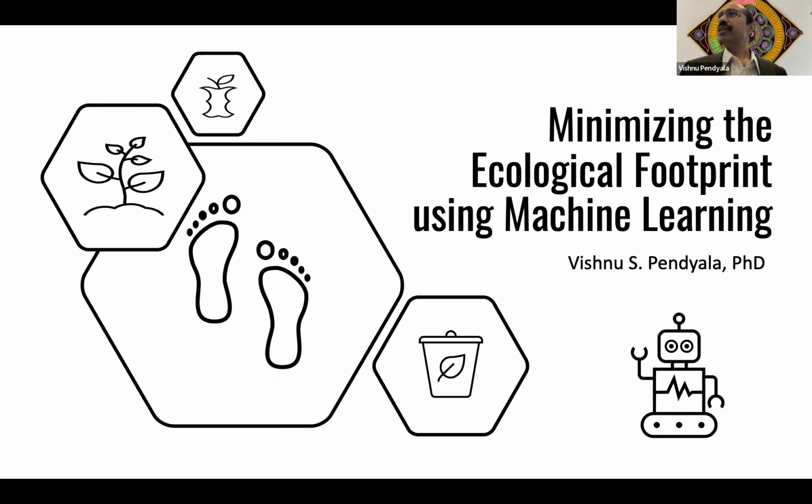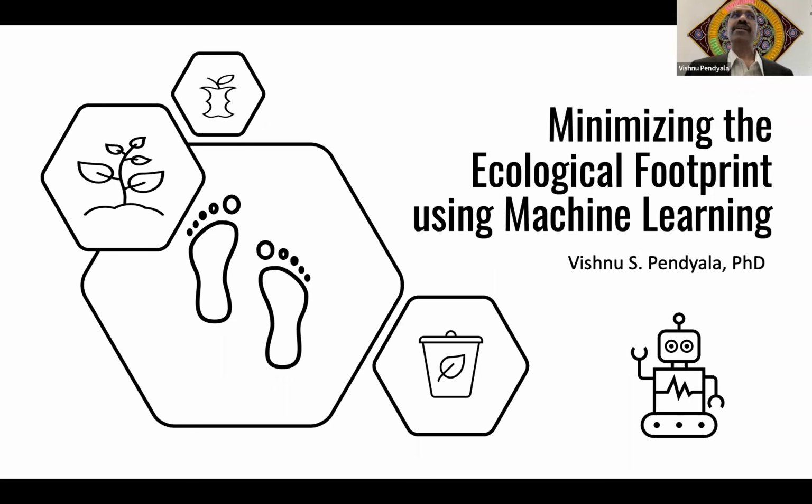So there was a nice tutorial, I think yesterday or the day before yesterday, on machine learning for social good, where some of the topics of machine learning were covered. And we saw that machine learning is all about minimizing a loss function, right? So what if the loss is ecological footprint and we use machine learning to minimize it?